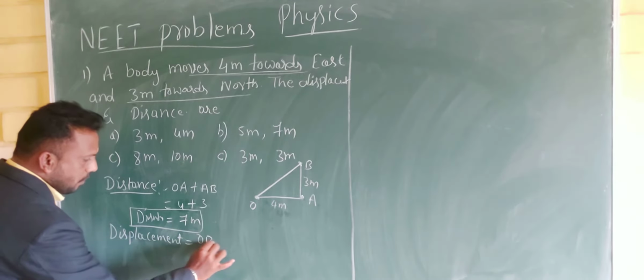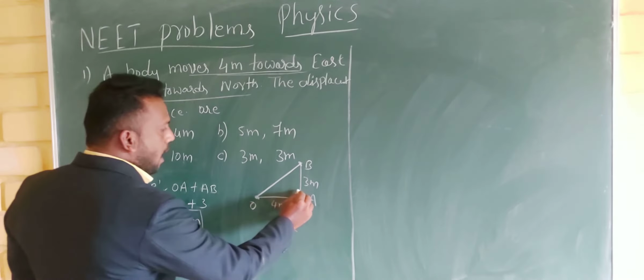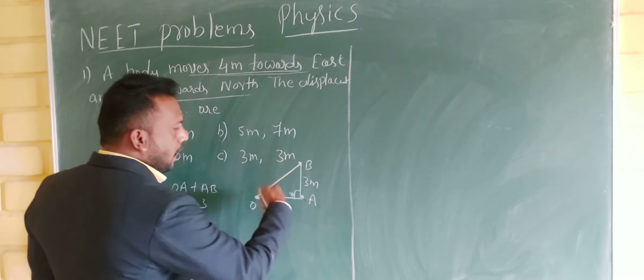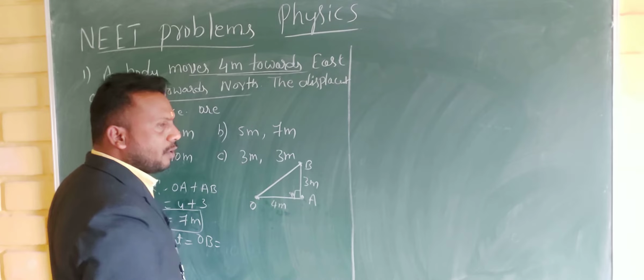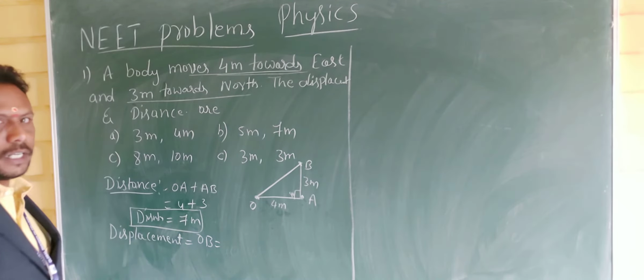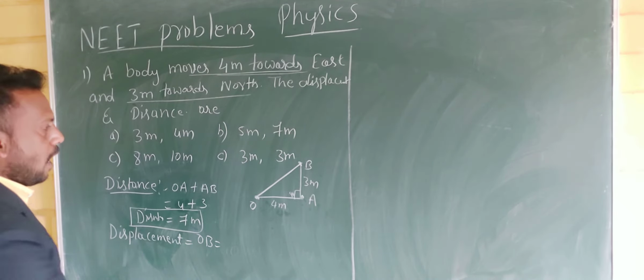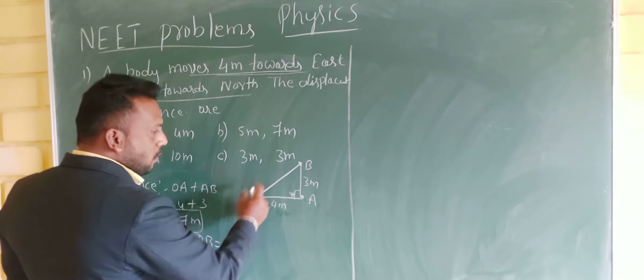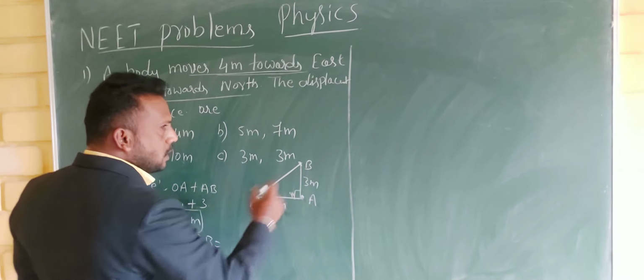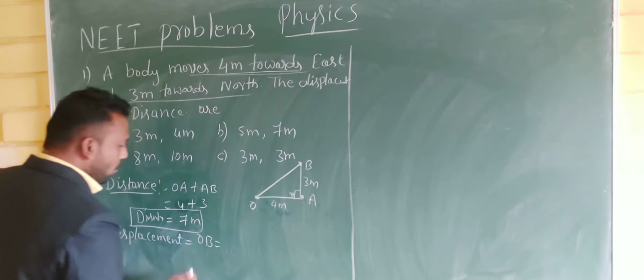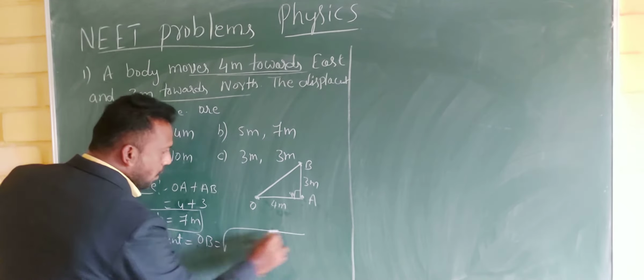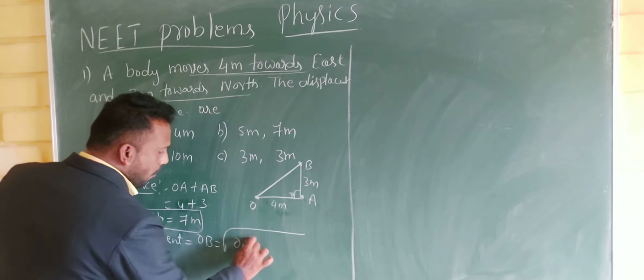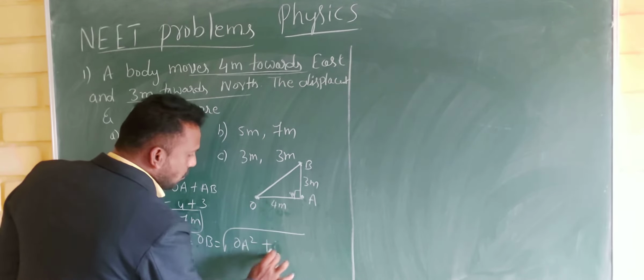This is a 90 degree right angle triangle. Apply the Pythagoras theorem: hypotenuse square is equal to the sum of squares of the other two sides. Therefore, OB is equal to square root of OA square plus AB square.